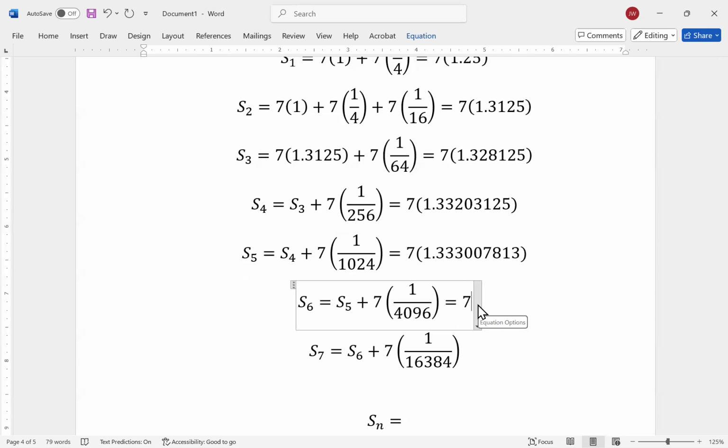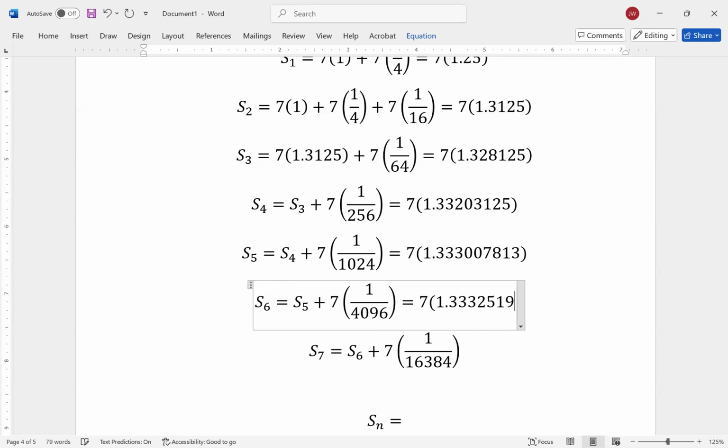Then add 1 over 4096 to this number. We're going to get 7 times 1.333251953.